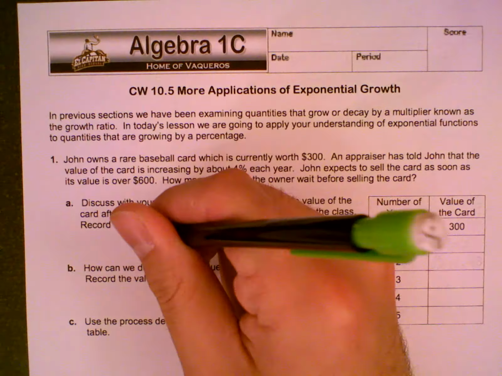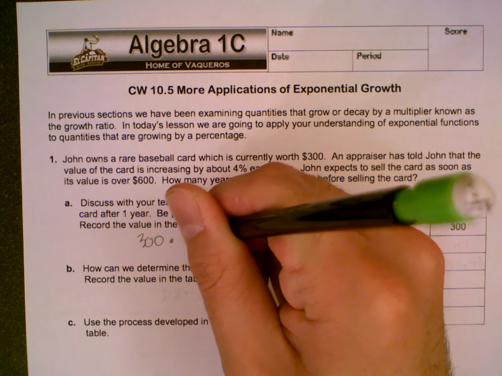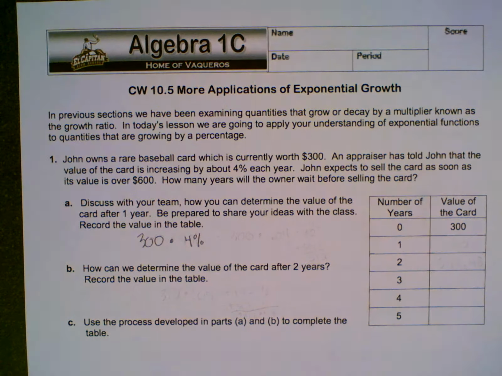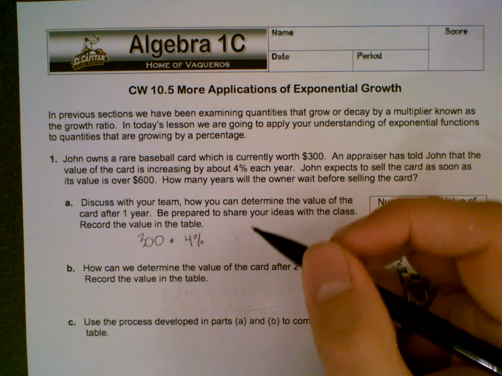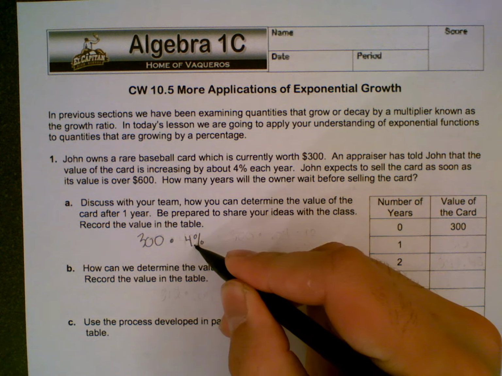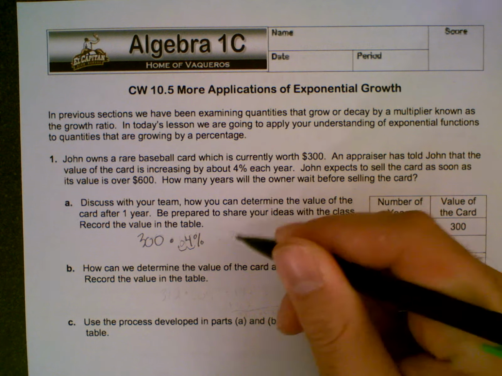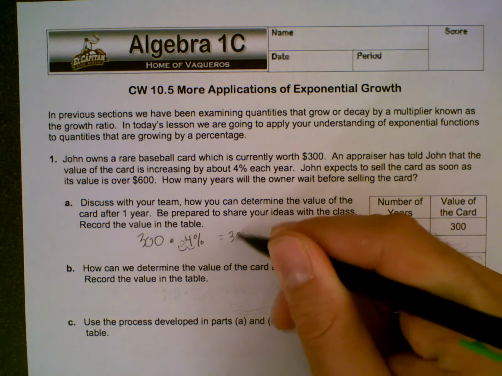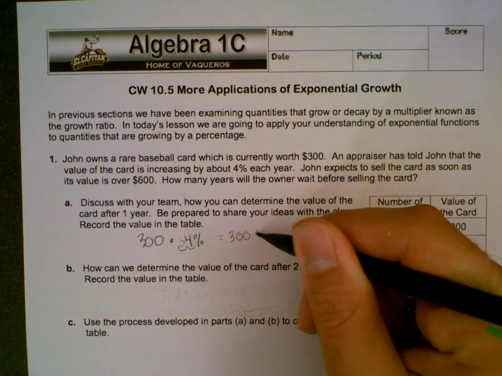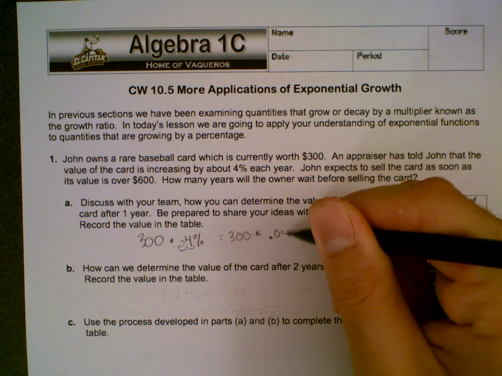All right, so we want to take that $300 and multiply it by 4%. Unfortunately, we can't put percents into the calculator, so we have to move the decimal and turn it into a decimal. Anytime we turn a percent into a decimal, we move it 2 spots. So that number will become 300 times 0.04.